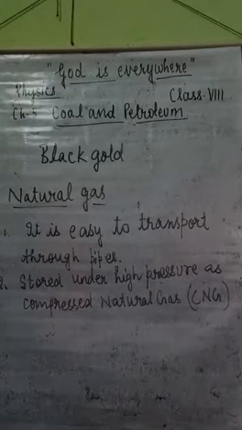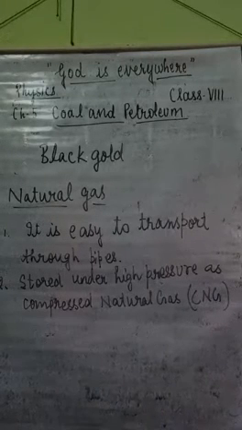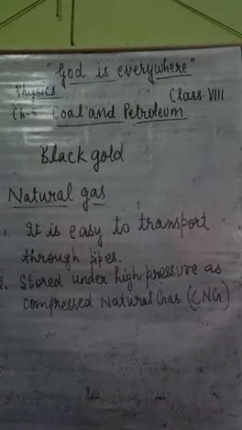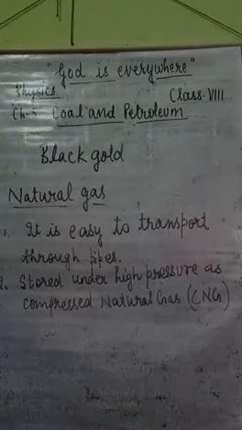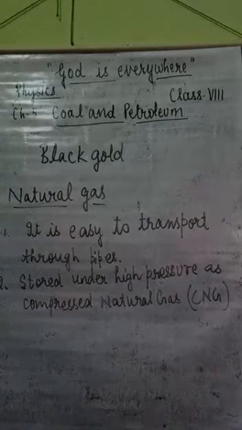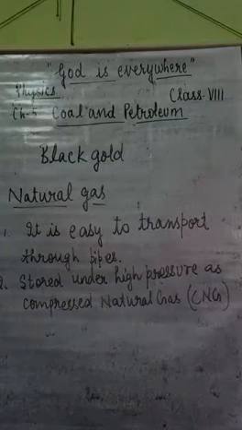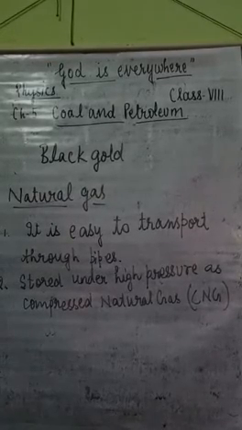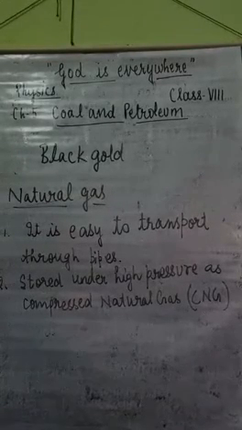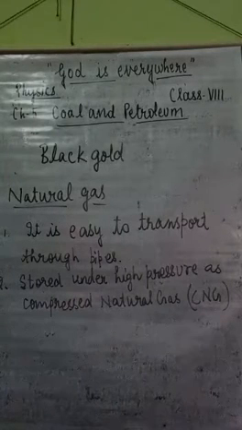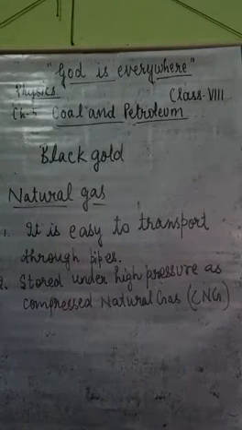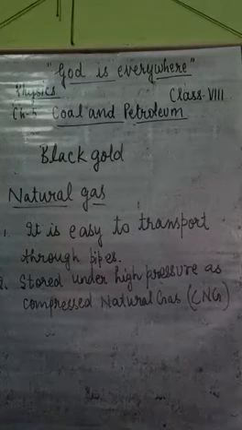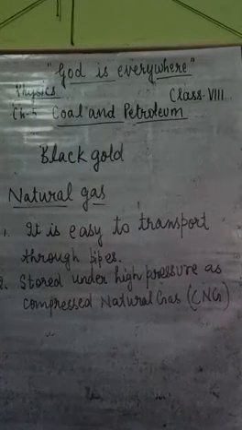CNG is used for power generation, and it is also used as a fuel for transport vehicles because it is less polluting and a cleaner fuel. The great advantage of CNG is that it can be used directly for burning in homes and factories, where it can be supplied through pipes.